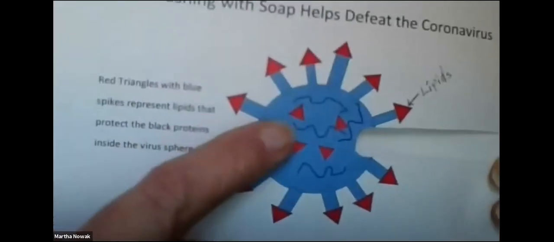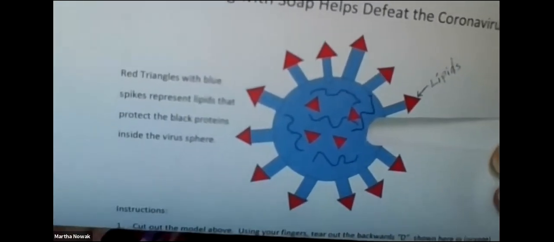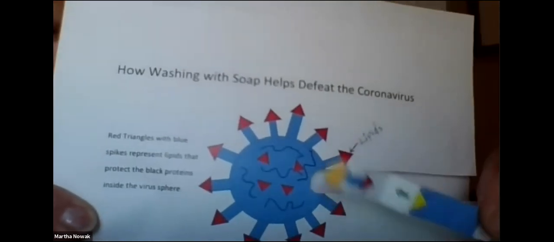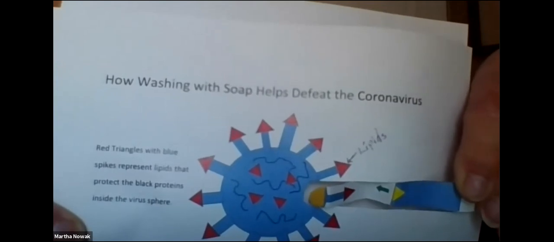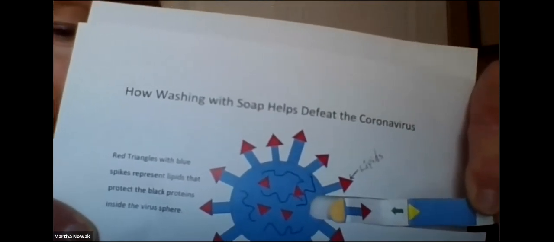And you see the lipids are these red triangles on the end of this model. It has like little spikes. And here is where a lipid is going to come in and grab the lipid on the coronavirus.